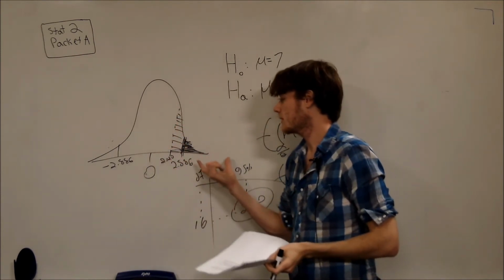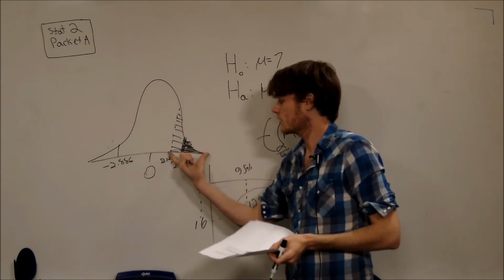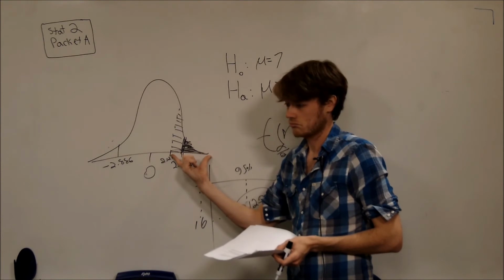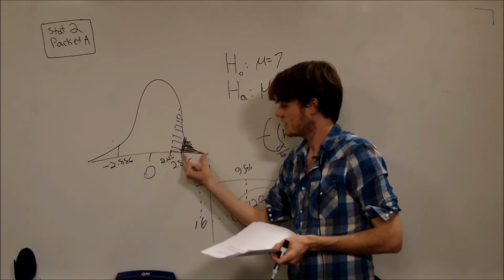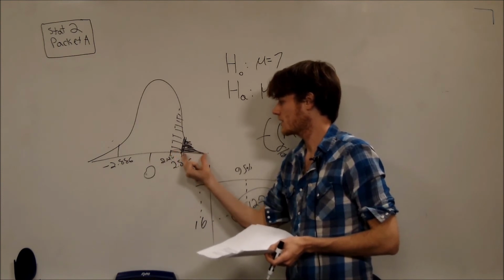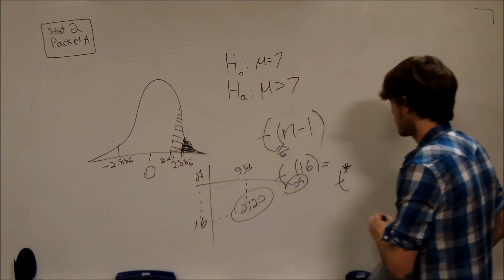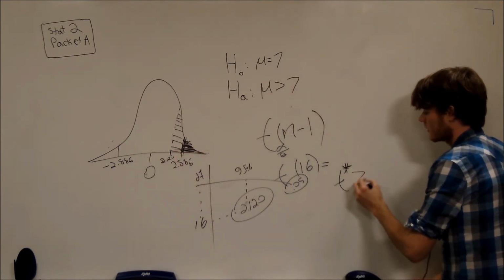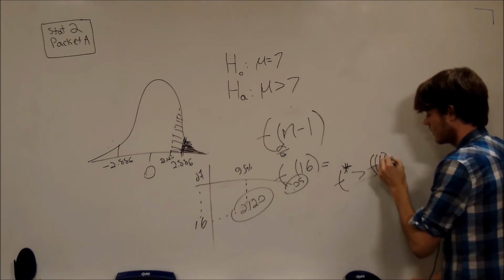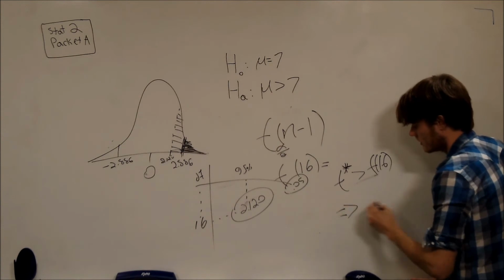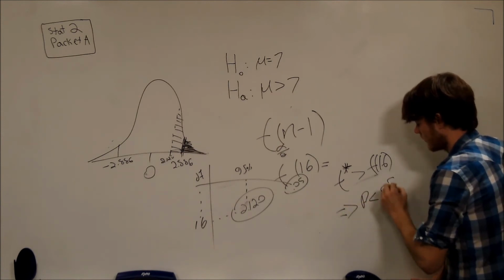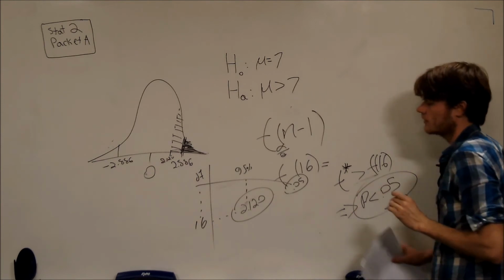Notice again that this is 0.05, 0.025. And this is a smaller area, which means that this is the whole thing, and this is a smaller amount, which means that our t value is greater than t at 16, which means that our p-value is less than 0.05.